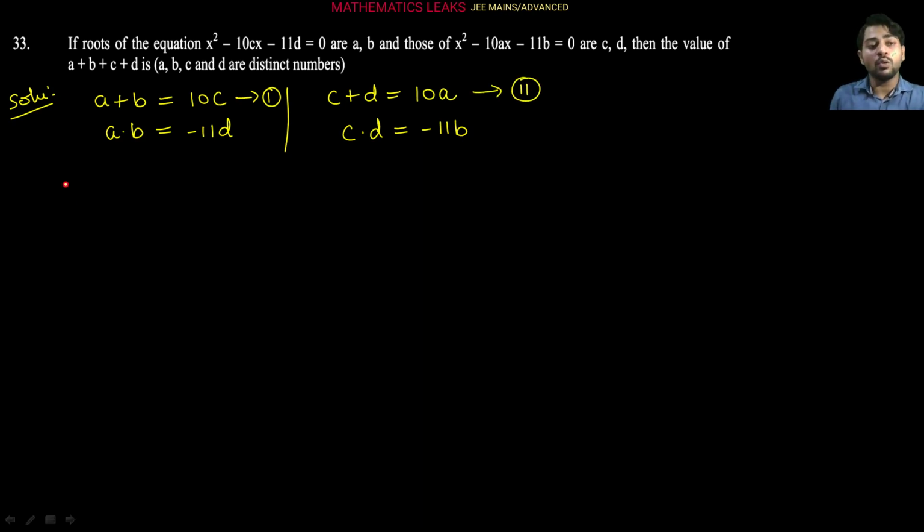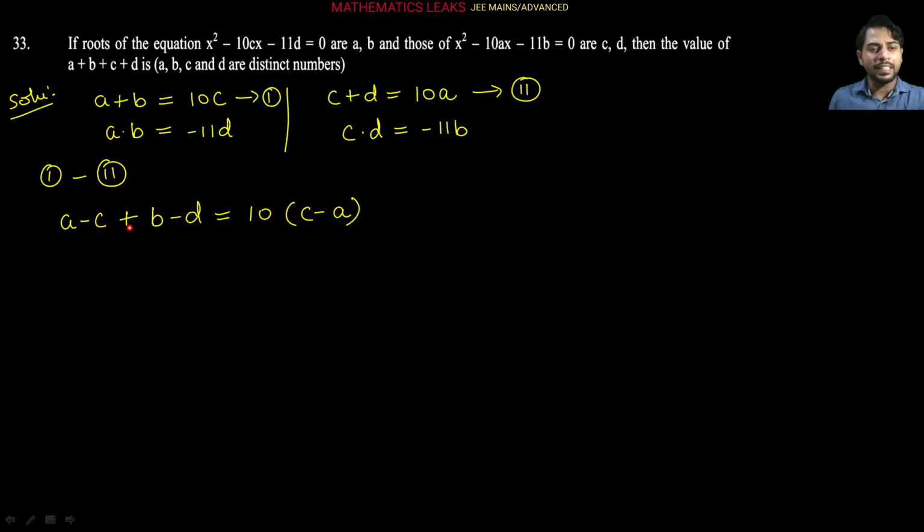If we subtract the second equation from the first equation, 1 minus 2, we can write a minus c plus b minus d is equal to 10 times c minus a. Is it clear, everybody? Here a minus c, b minus d, and here 10 times c minus 10 times a, so 10 we are taking common here.